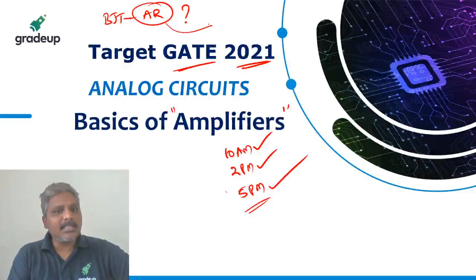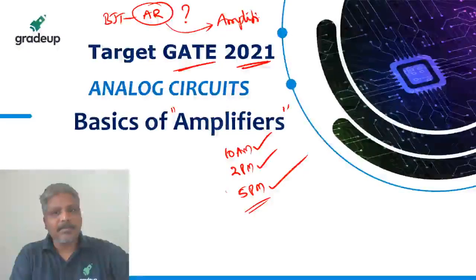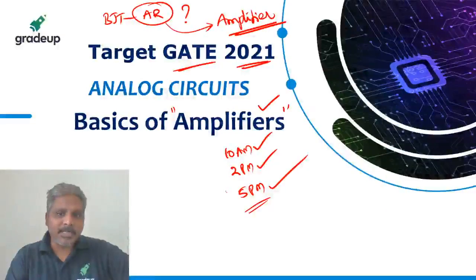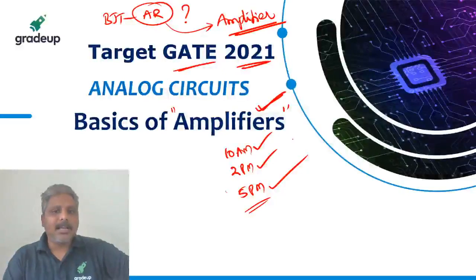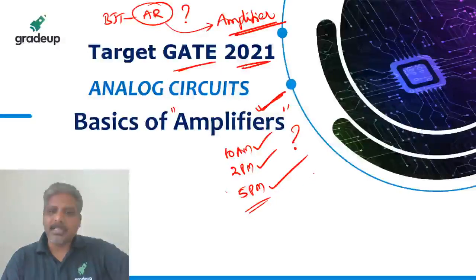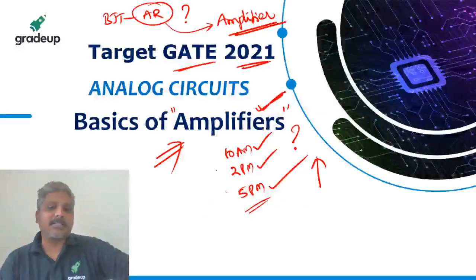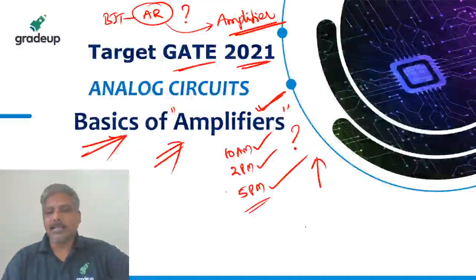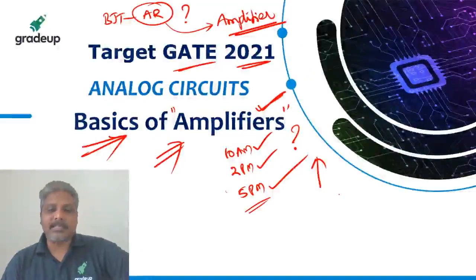We want this transistor to be in active region, ultimately to use as an amplifier. So in this class, we are going to see what exactly an amplifier is and how we have to deal with amplifier, and the related things to analyze amplifiers. So all basics about the amplifier, let us understand. Then continuation, we'll see more about amplifiers.